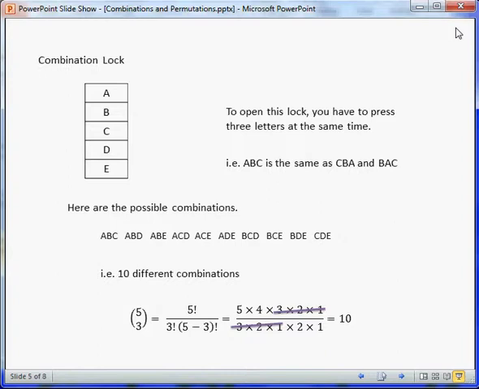If you're choosing 3 letters out of a possible choice of 5, well, there's 5 combination 3, 5 factorial divided by 3 factorial, also divided by 5 minus 3 factorial, which will give you 10. This is a useful formula to remember. This is called 5 combination 3. Okay, keep going.